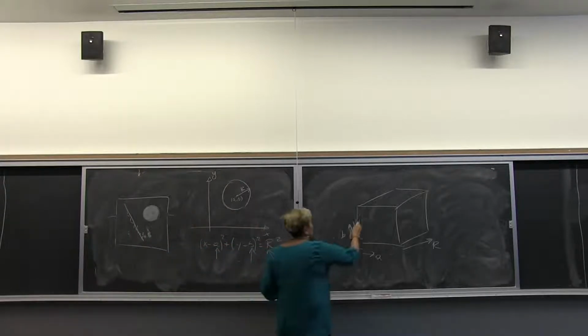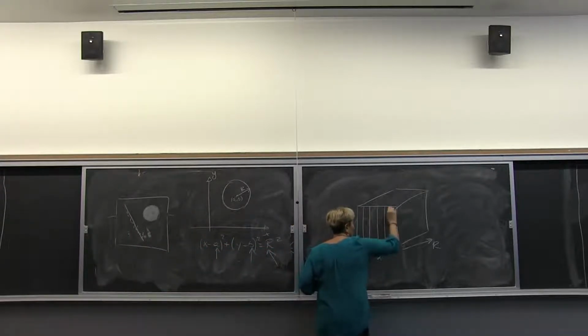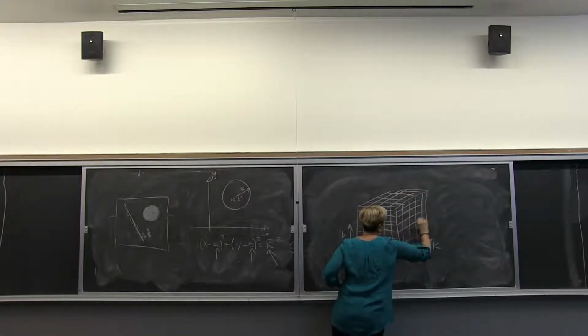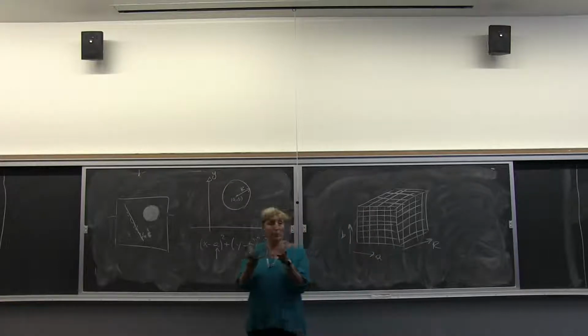So I'm going to make a grid of possible a's and b's and possible radii. It looks like a Rubik's cube.